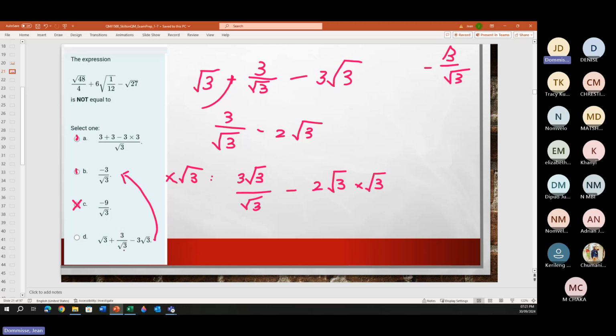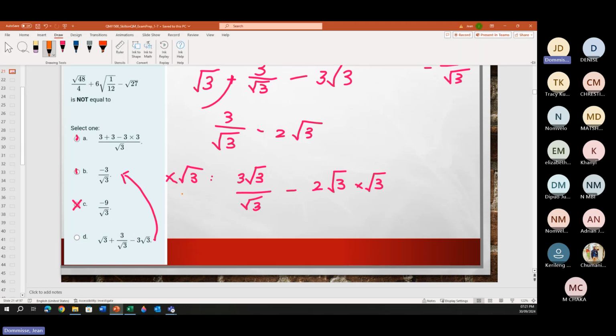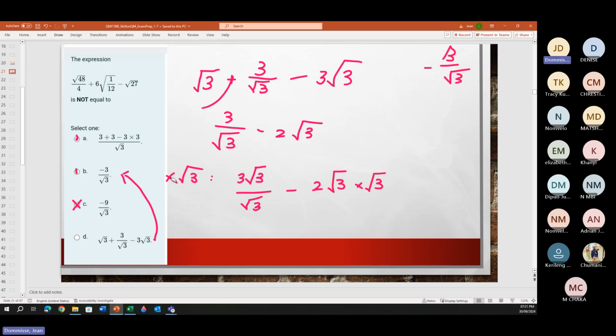That is 3 over that minus 2, so that is correct. Okay, so the other way to do this is to do it the other way around.